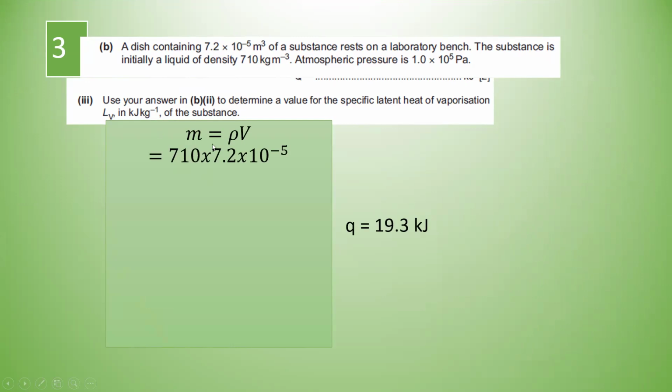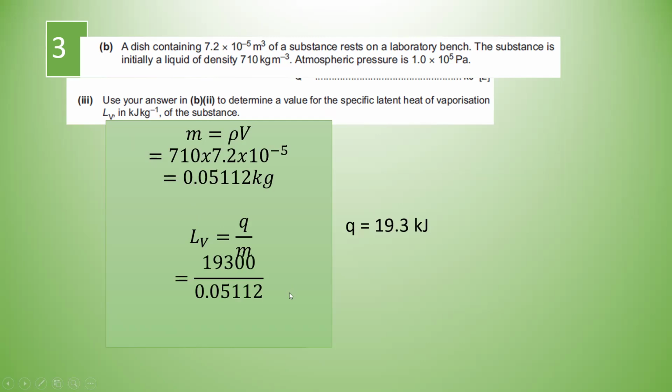That's the density. That gives you the mass. Then latent heat of vaporization is Q divided by m. Q was calculated previously. m, there's your m. Okay, any comment?